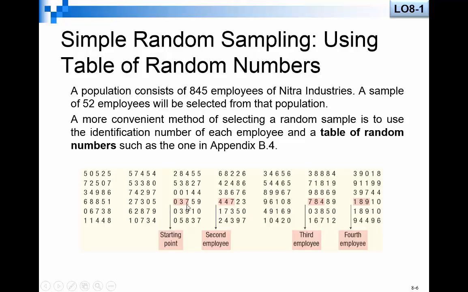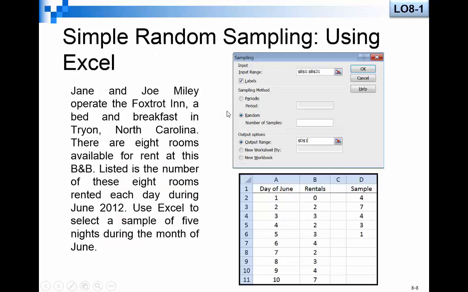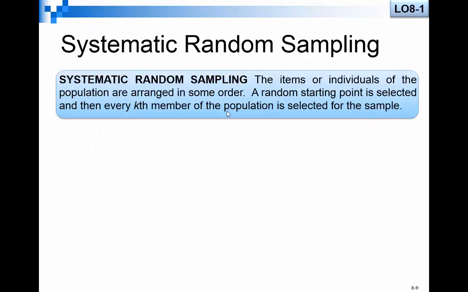So the first person selected would be employee number 37, and we could just move across in this row, and whatever number works within our range we'll use. So 447 works, 961 does not work because we don't have a 960th employee, 784 works, 189 works. We keep doing that till we've selected 52. So that's one way. You can use Excel to generate a list of random numbers.